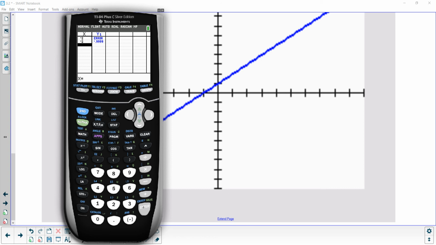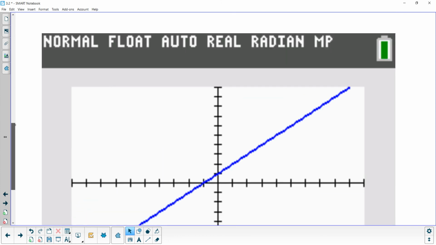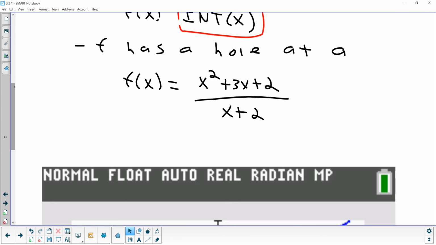It doesn't give me an error. If I plug in -2.000001, that's perfectly fine. Again, those numbers are not really -2, it's just rounding. But when you try to plug in exactly -2, you can't do it. And the only reason you would be able to figure that out is by looking at the original problem.